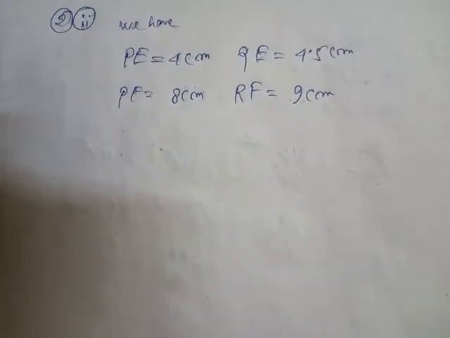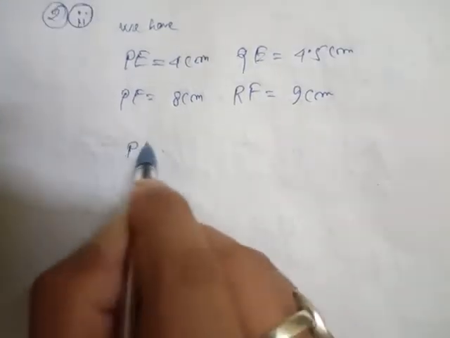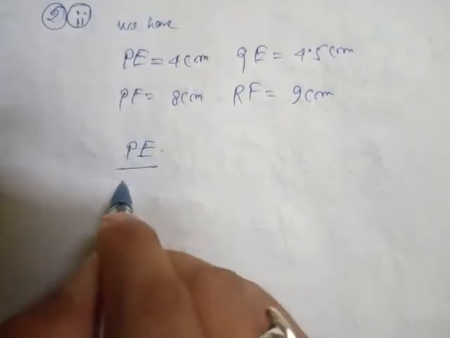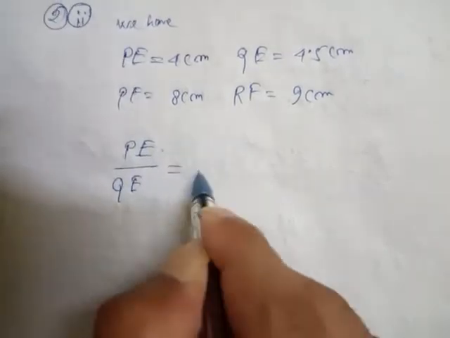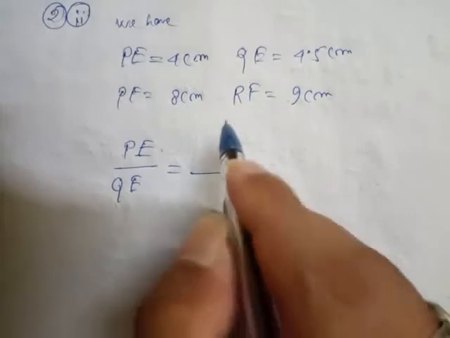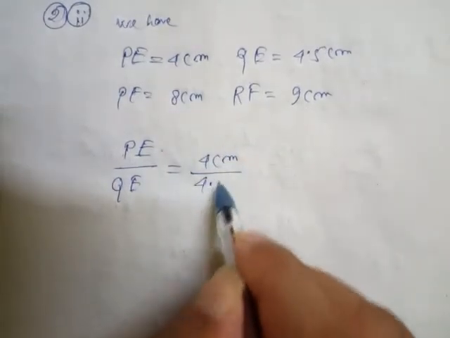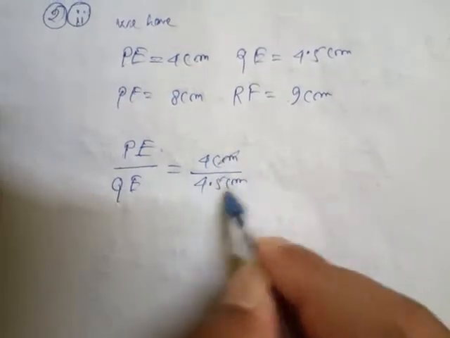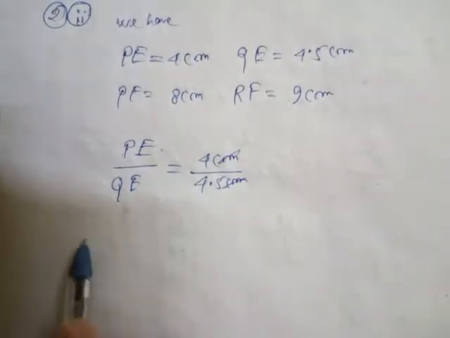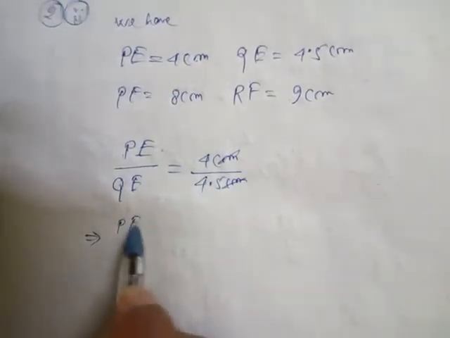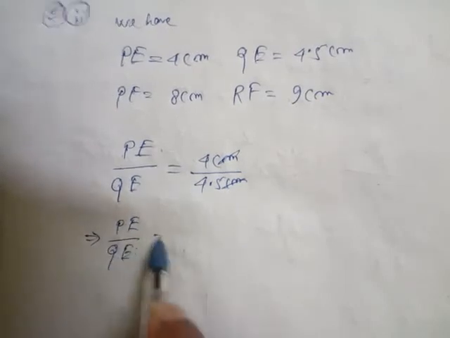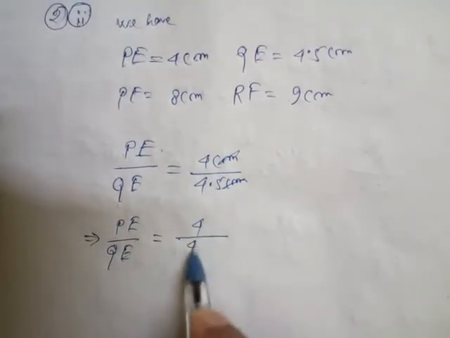Now we'll start again. Here we'll do PE by QE. The value of PE is 4 centimeter, the value of QE is 4.5 centimeter, cm cancel. Now look student, PE by QE equal to 4 by 4.5.